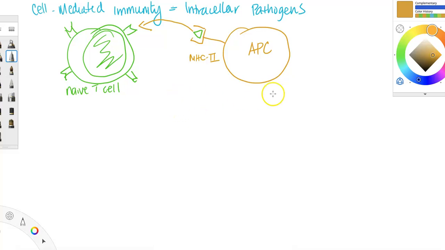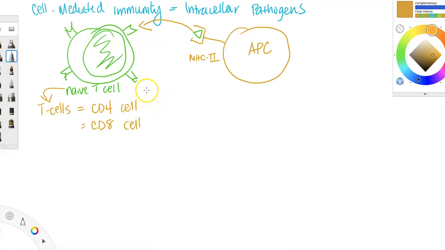Okay, so once it binds, it has to be activated in some way. So T cells have two flavors, basically. A naive T cell can either be a CD4 cell or a CD8 cell. So those are the flavors of naive T cells.